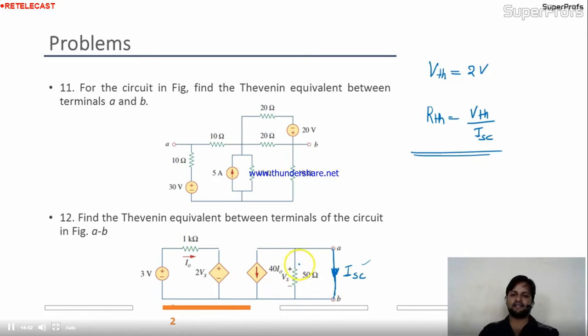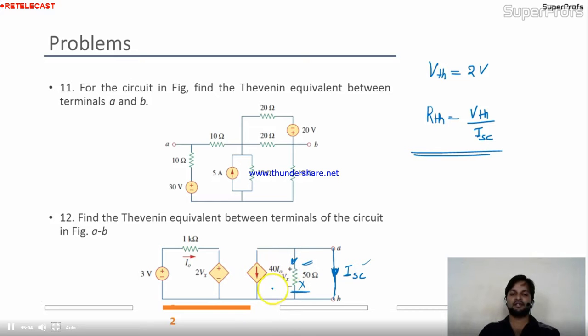So can we calculate ISC very easily? Yes, I can. See, once you short A and B, the voltage across this is 0, and I told you earlier, whenever you short 2 points, if there is any resistive branch between those 2 points, that will be invalid, dead now. There is no importance of this branch.